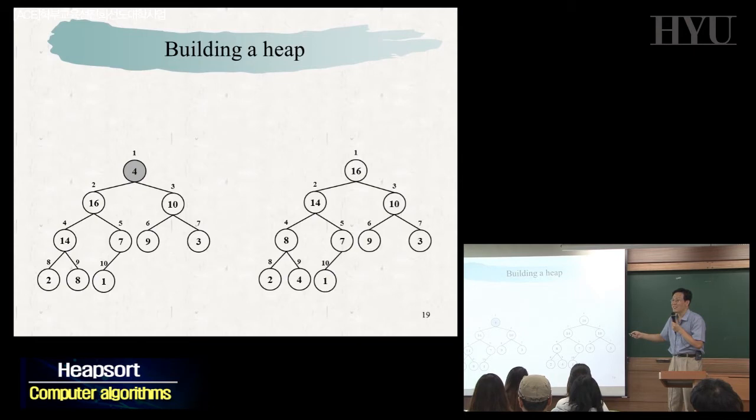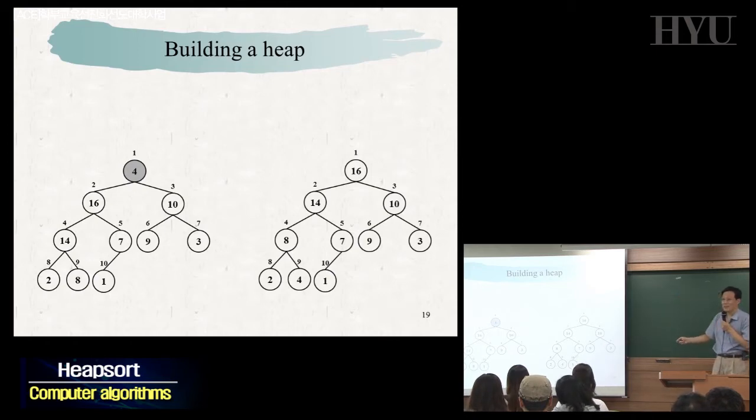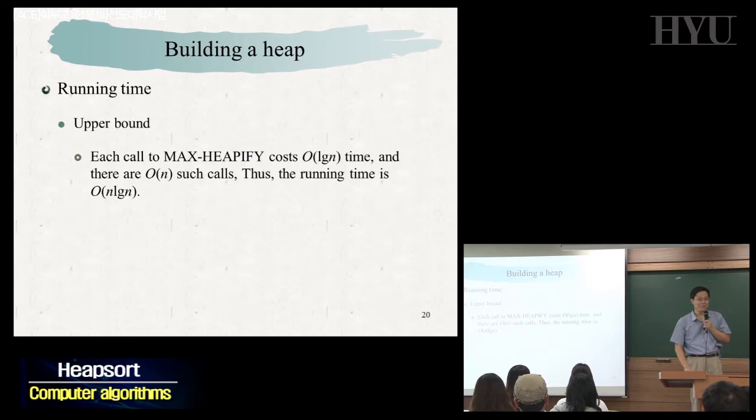So what's next? 14? 8, yes. This key floats down along this path. So this is the result. Then done. This is the procedure of max Heapify.